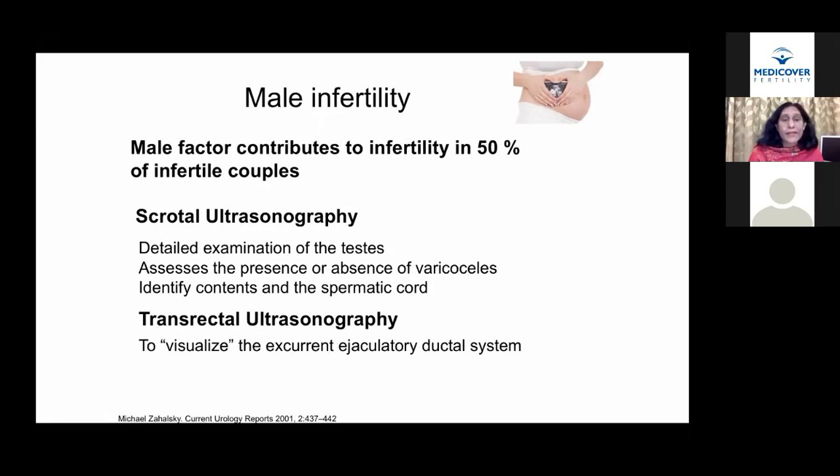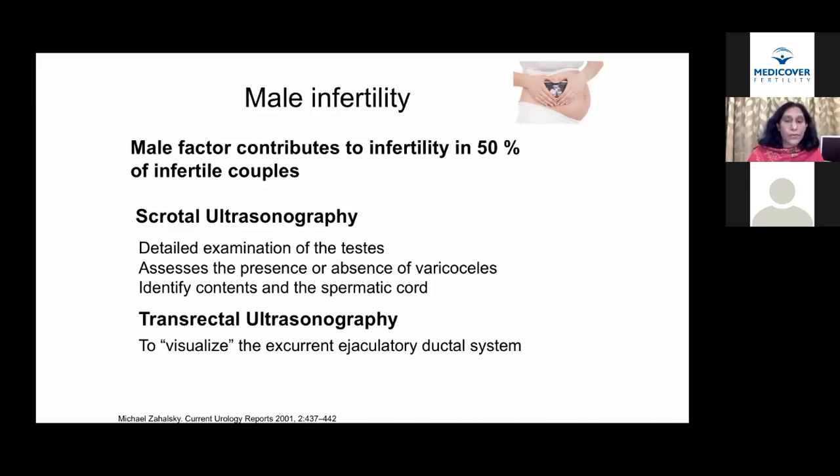Male factor. So male factor contributes to infertility in about 50% of couples. The most important test is semen analysis after the basic history and examination, but ultrasound is also helpful. A scrotal ultrasonography can lead to a detailed examination of the testis. It can assess the presence or absence of varicocele and also identify any content of the spermatic cord.